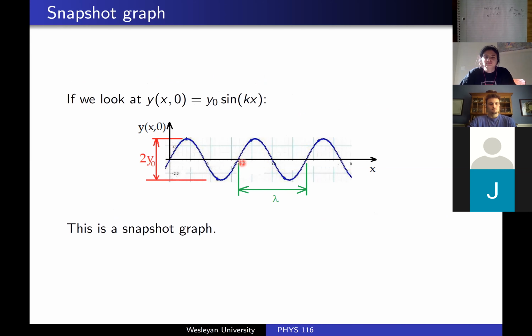The wavelength is, if you freeze it at a given moment, how far you need to move in the x direction to go from one peak to the next peak, or one trough to the next trough, or from this 0 point to this 0 point. We can't stop here, because the shape of the wave here is increasing, but here it's decreasing. So to get a full repetition, you need to go all the way till here.